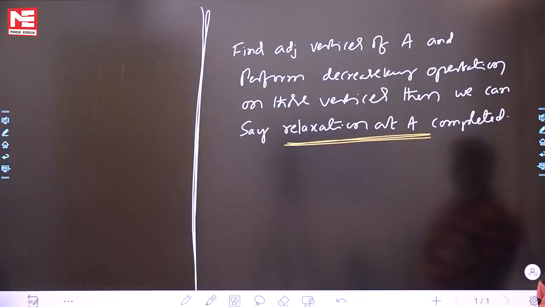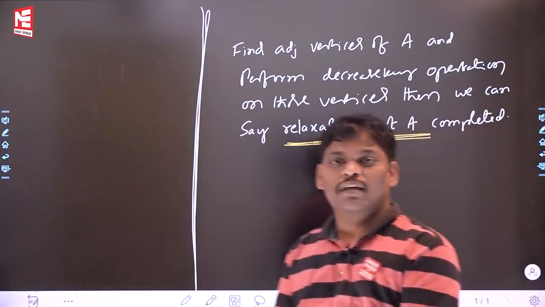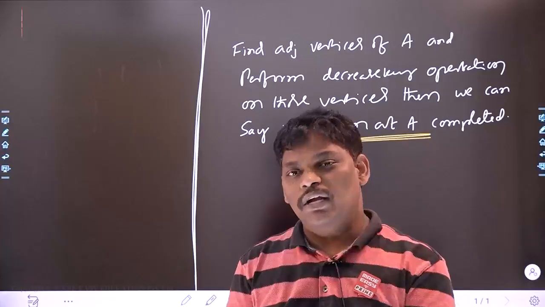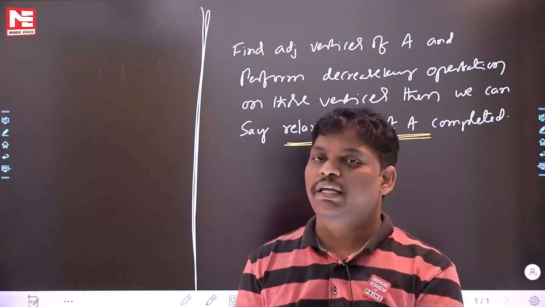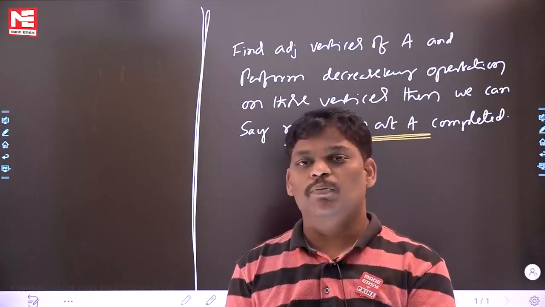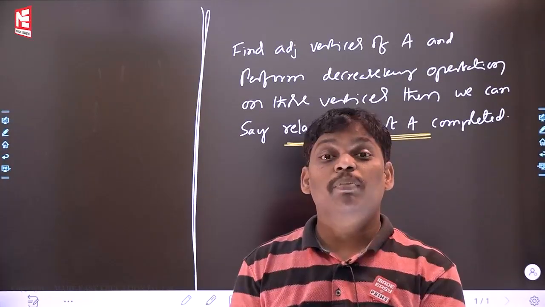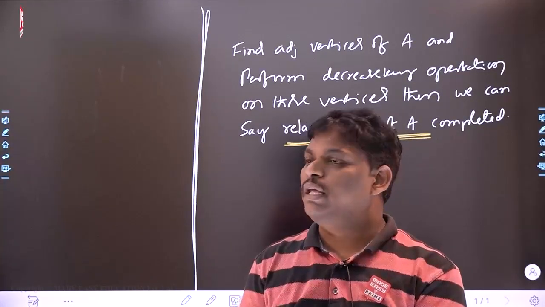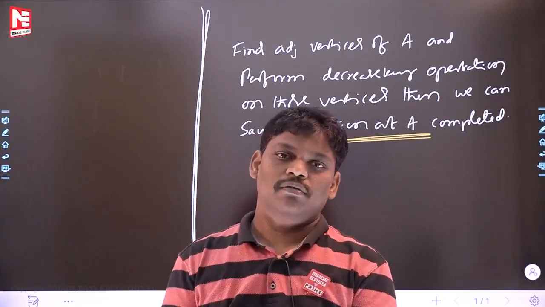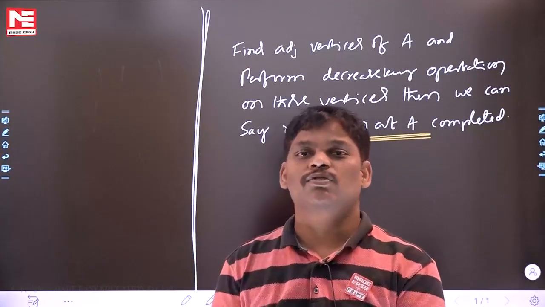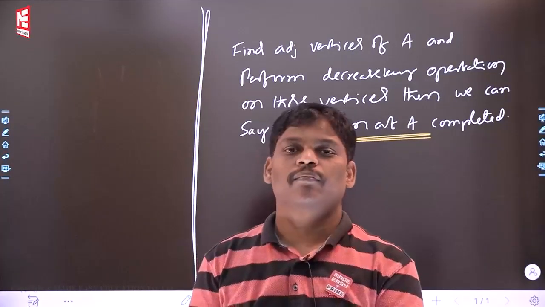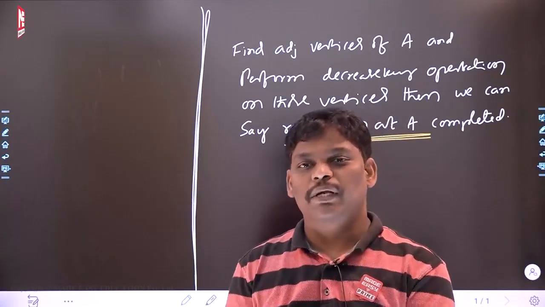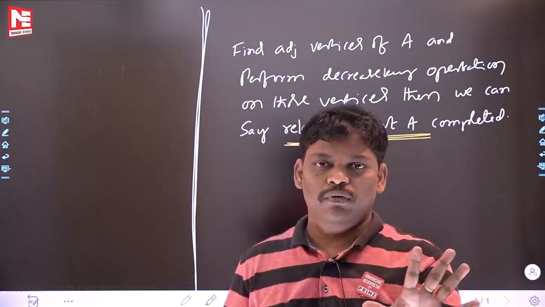What is the meaning of relaxation at A? You find out A's adjacent vertices. Suppose A's adjacent vertices are B, C, D. On B, C, D, perform decrease key operation. Assume you have done that also. Then I can say that relaxation at A is completed.